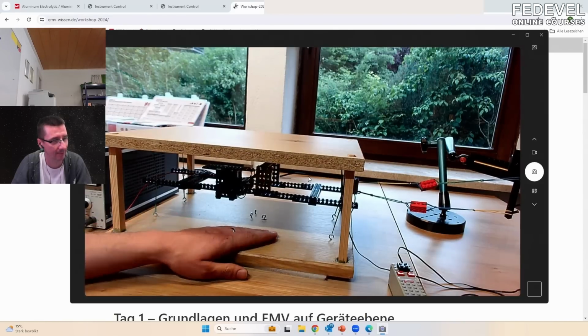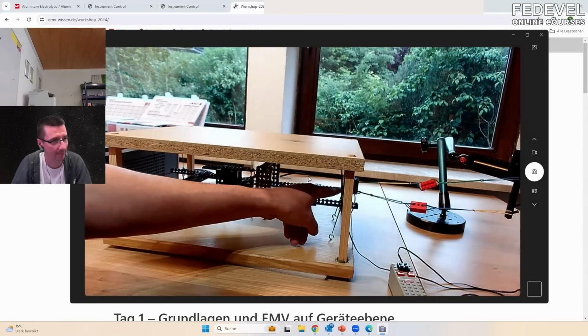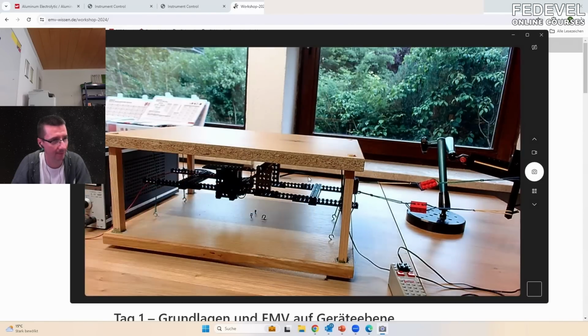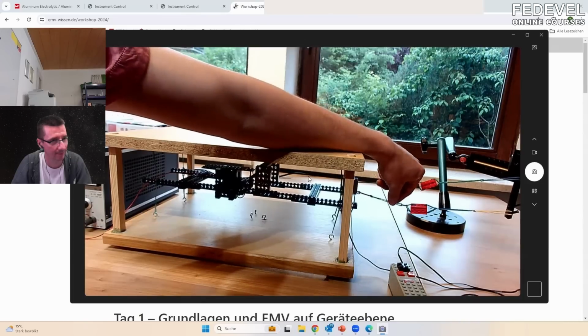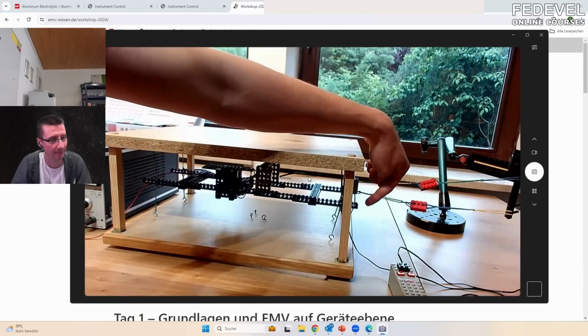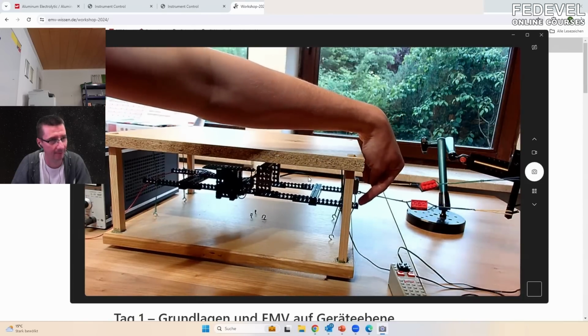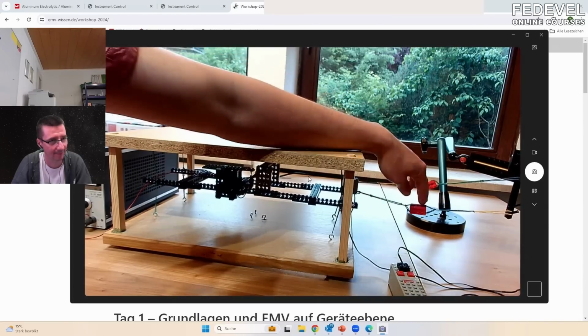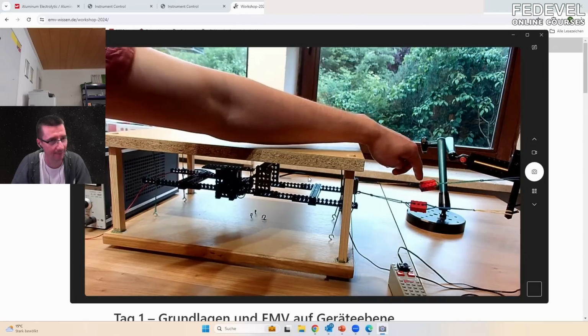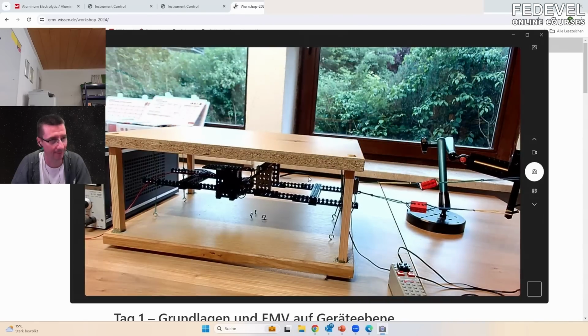Here on this side, I have a little motor, and I have connected one line which is going to the outside. This is the minus, connected to the housing, so this is the ground of the PCB, and the other line is the plus line.